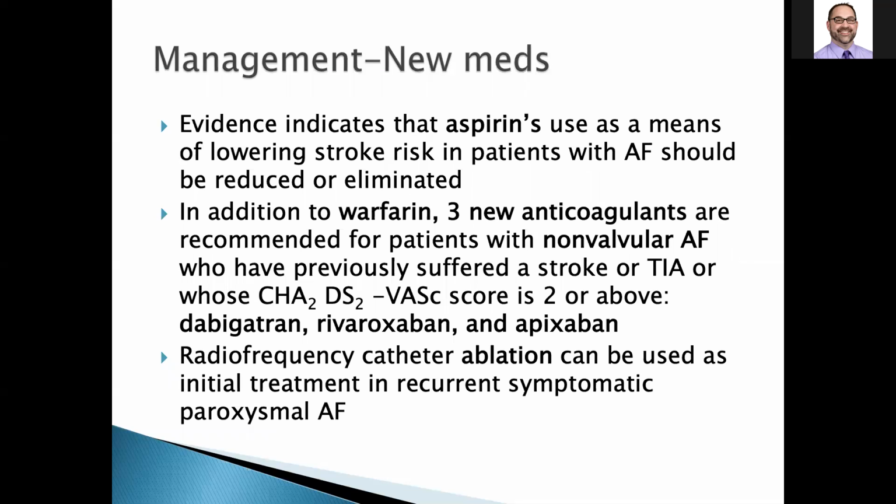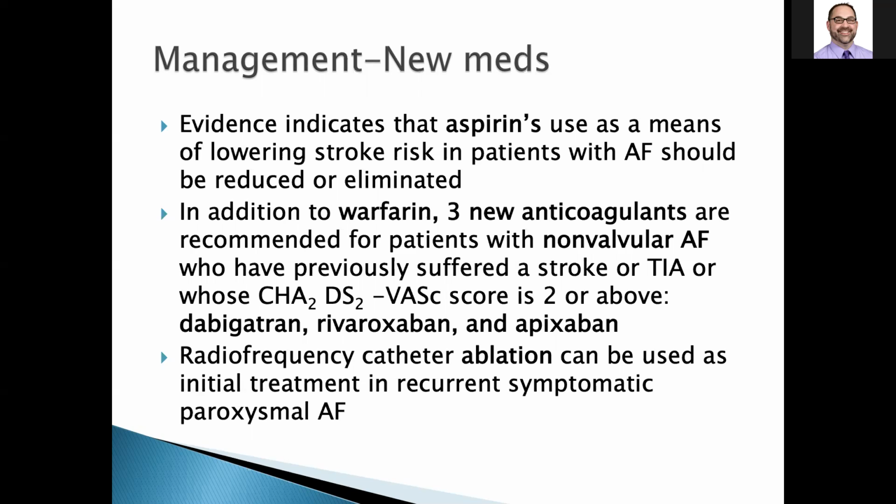This is also talking about the evidence that indicates aspirin use is a means of lowering stroke in patients that have a score of 0 to 1. If it is higher, the use of aspirin is not going to be enough for that.